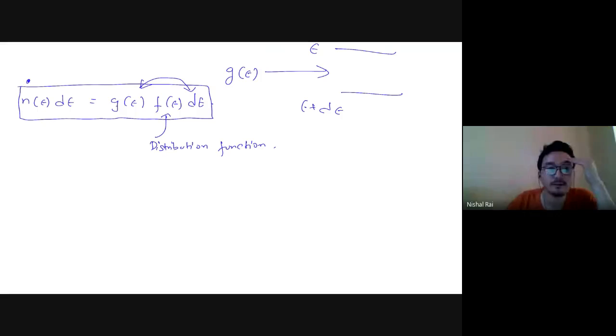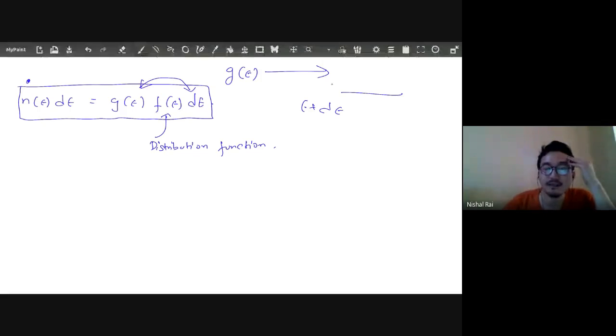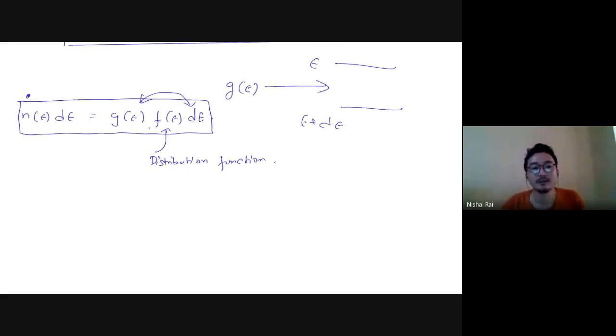Just remember this. The number of particles between the energy level E and E plus dE is basically given by G(E), the density of states, times their distribution function, because the distribution function will tell you how it will be distributed over the energy range. That also you must know.